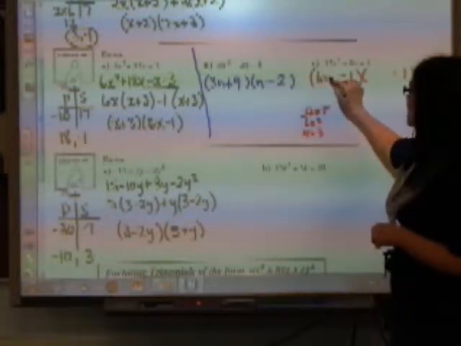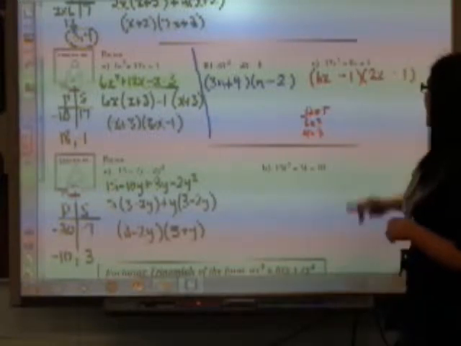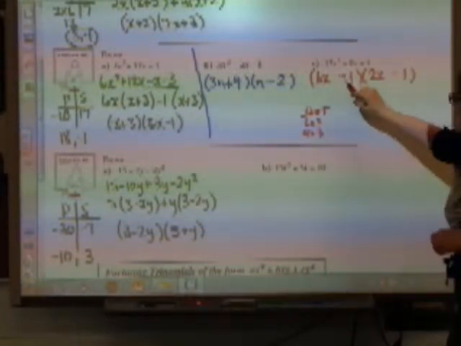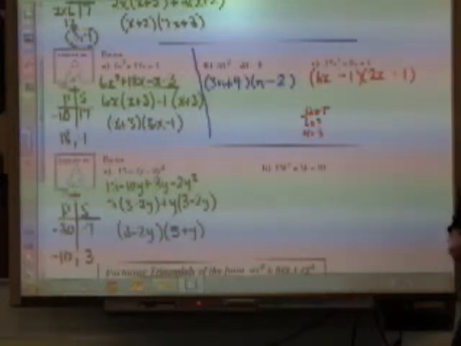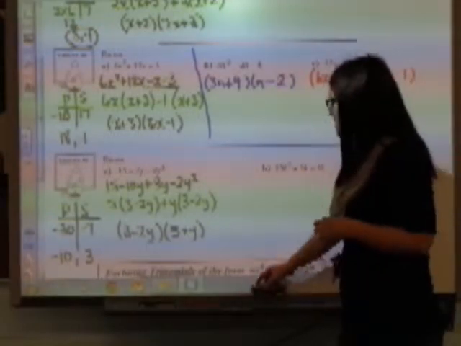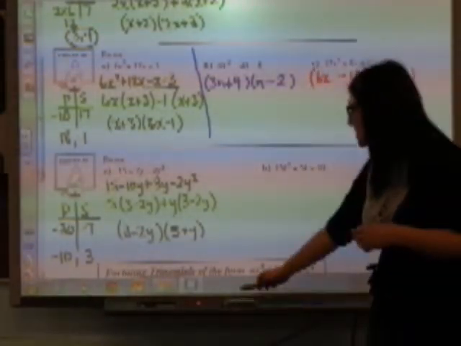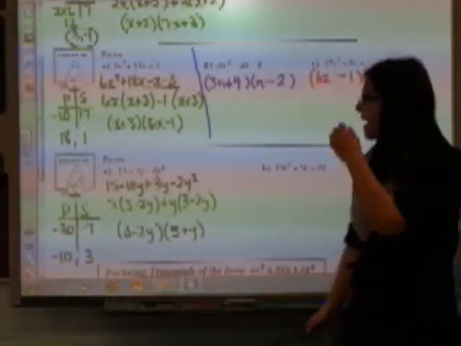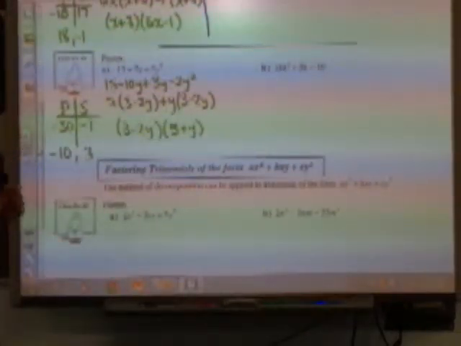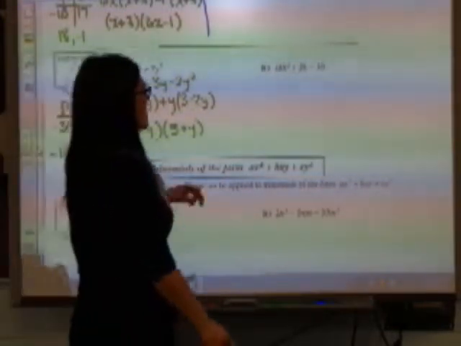So I've got a 6x and a 2x. There's my negative 6, negative 2 gives me my negative 8. So it does take some practice. It takes some work.